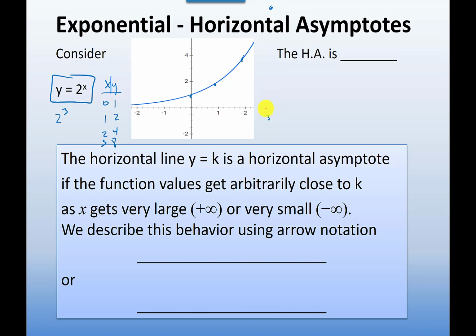But that's not the main thing I want to focus on right now. What I want to focus on is the tails. It has 2 tails. Now, in polynomials, our tails are both at positive infinity or negative infinity.